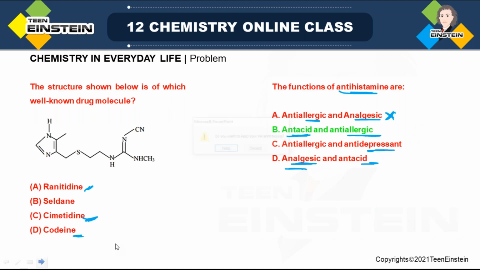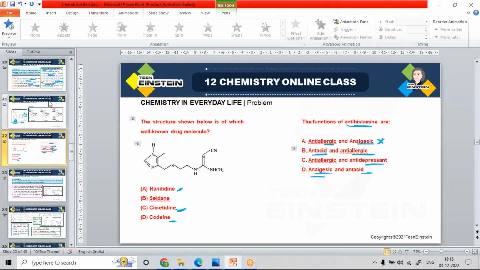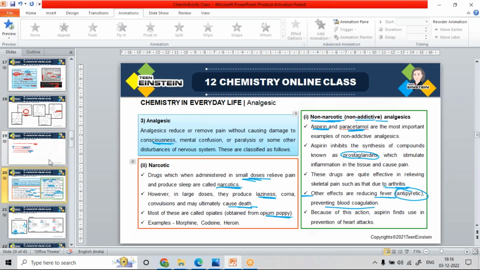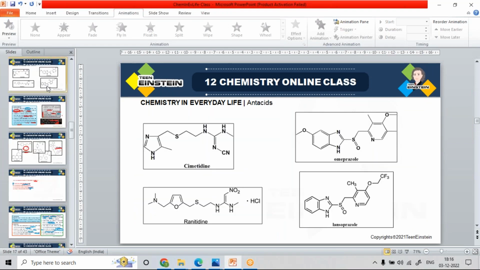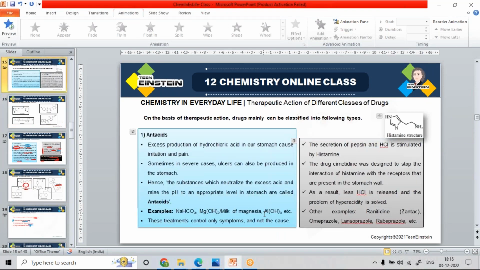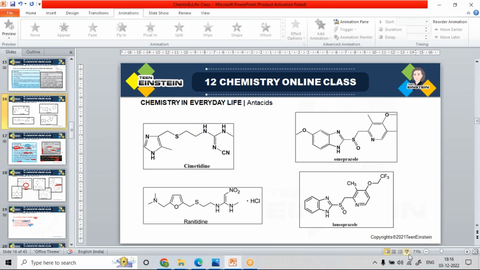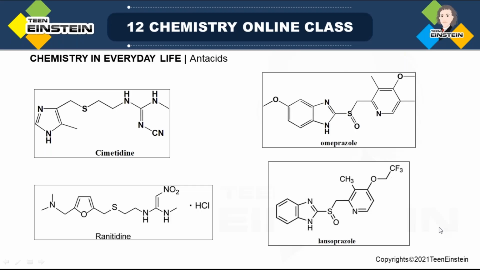And the structure of cimetidine is present in the previous class that we have discussed, which is antacid. So in antacid you will see we have the structures of ranitidine and cimetidine.